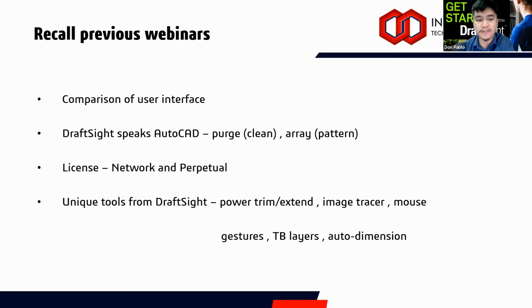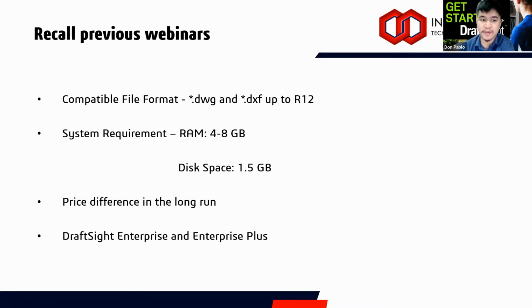And ayun nga, DraftSight is a network and perpetual license. And for the unique tools from DraftSight, we have Power Trim or Extend, Image Tracer, Mouse Gestures, TV Layers, and Auto Dimensioning. Na-discuss din yan sa ating past webinars. And for the compatible file formats, we have drawing files and DXF files up to R12, mababasa yan ni DraftSight.